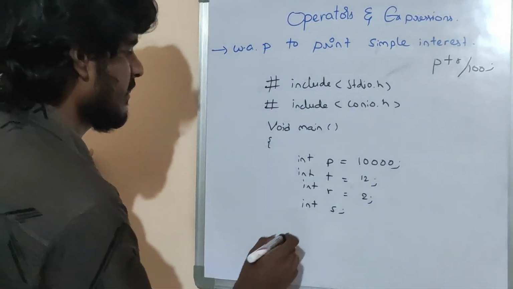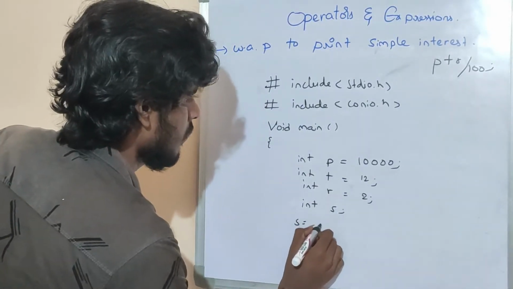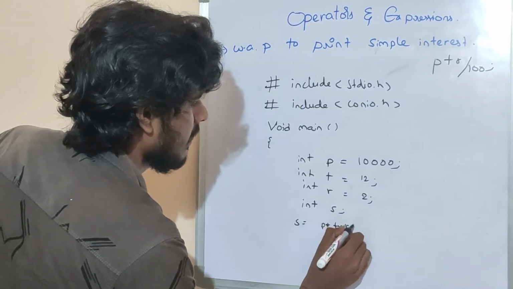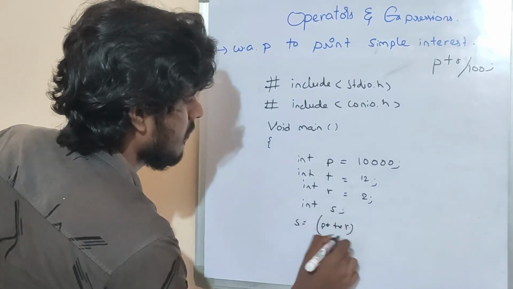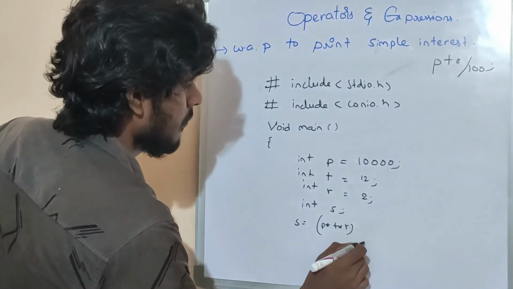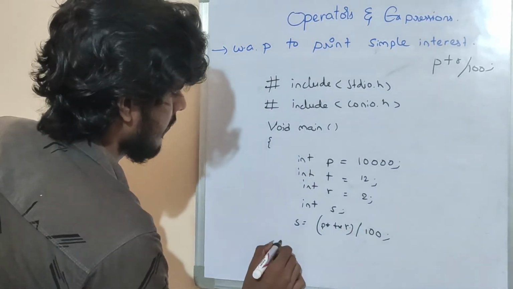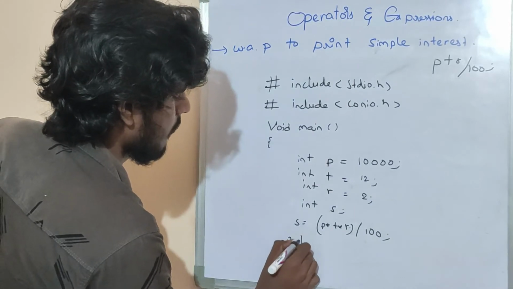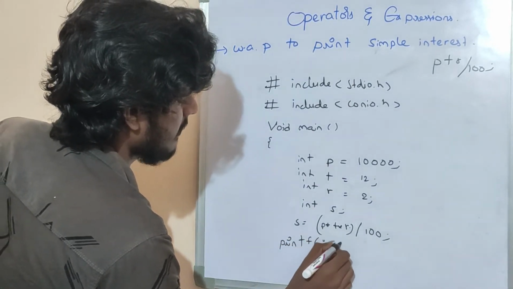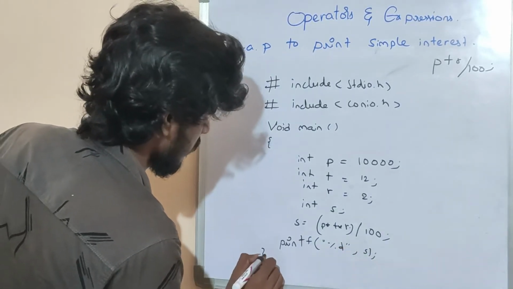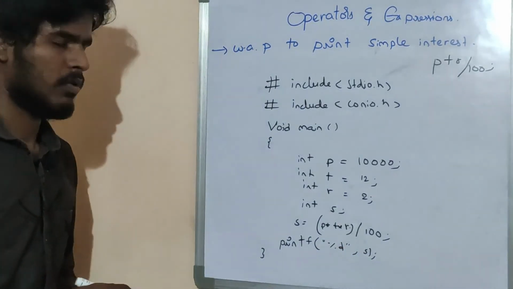Okay, let's see. s is equal to p t r, PTR by 100. Okay, printf "%d", s. Okay, what is the output for this program?